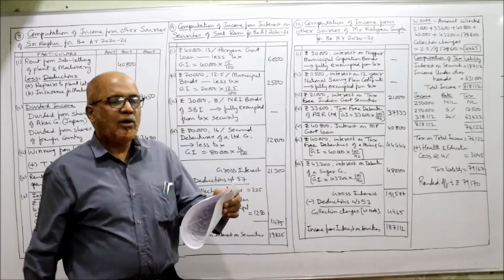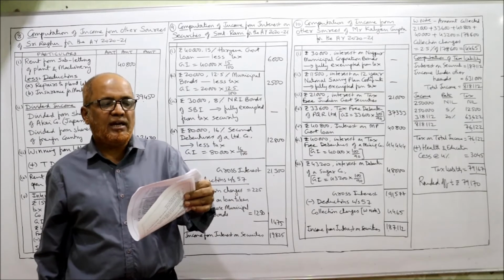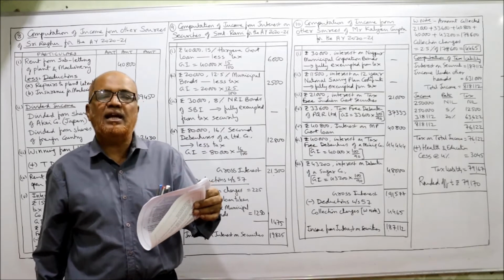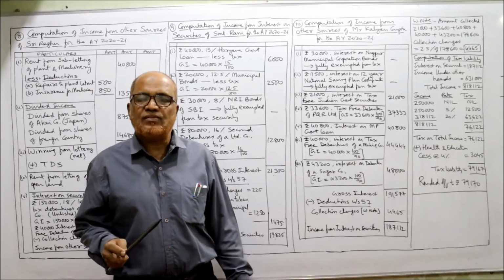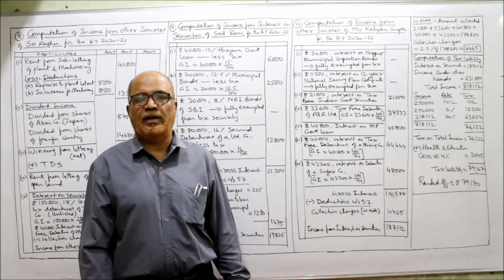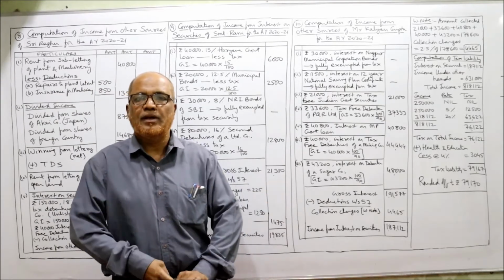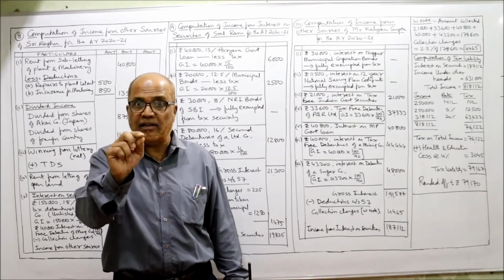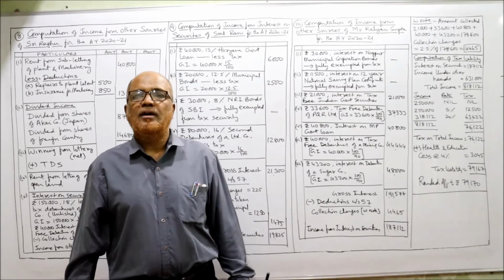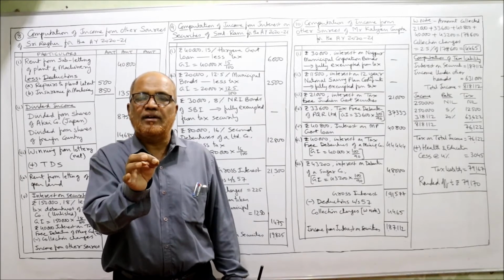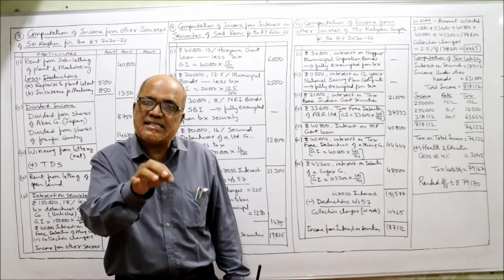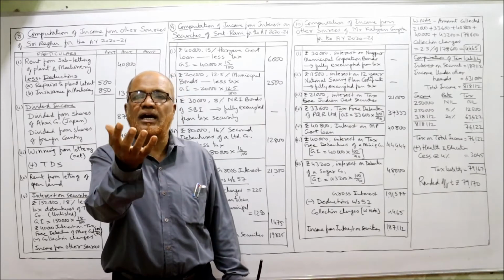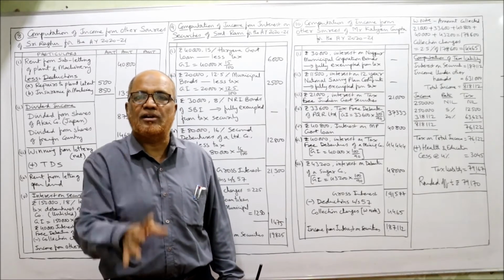Next, third one. Rupees 21,000 interest on tax-free Indian government security. Now see, it is a tax-free government security. Interest amount is given. So note down one point. Any interest received, whether it is tax-free government security or less tax government security, the interest received is the gross interest.